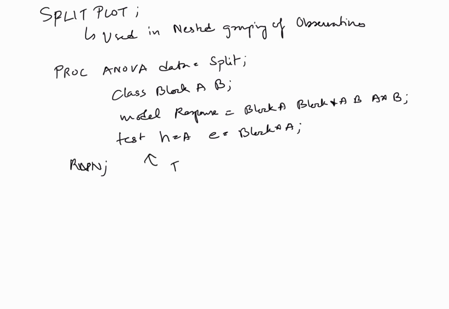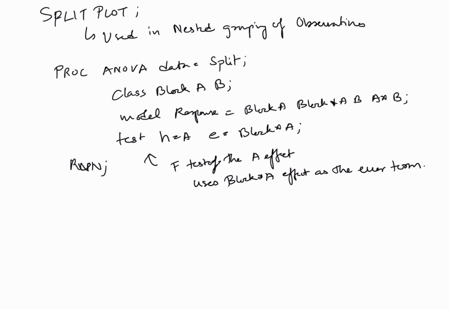This would be the F test of the A effect, which uses the block*A effect as the error term, whereas over here B defines the subplot, without block*A, like the whole plots.